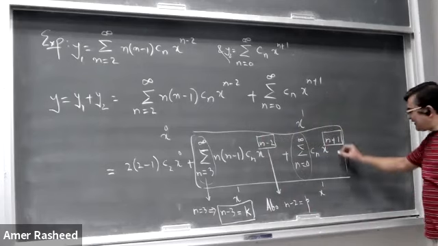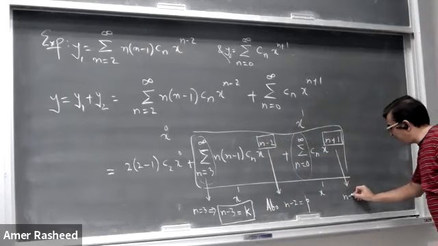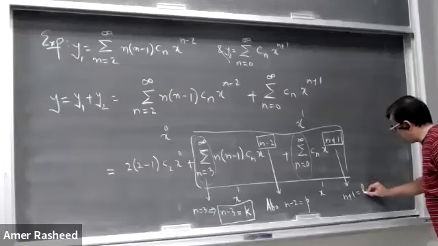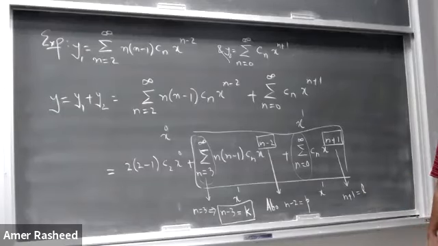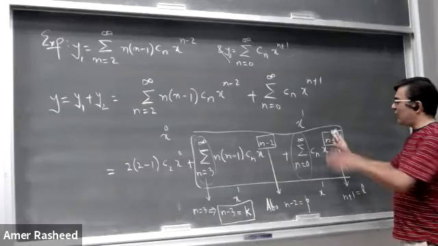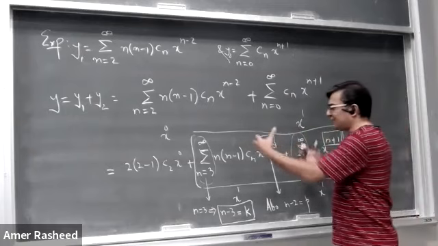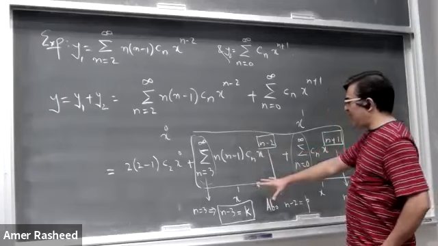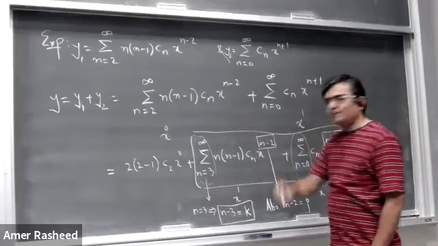In that case, you also have to put n plus 1 is equal to some other, maybe l. If you change both, you will see the exponents also become the same and the summation term will also become the same. But for the time being, I'm going to change this one.